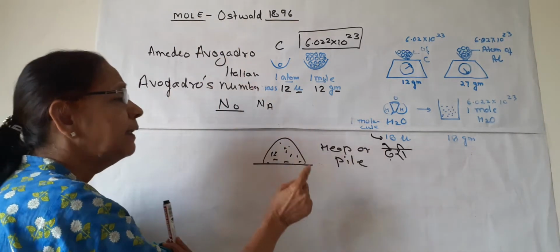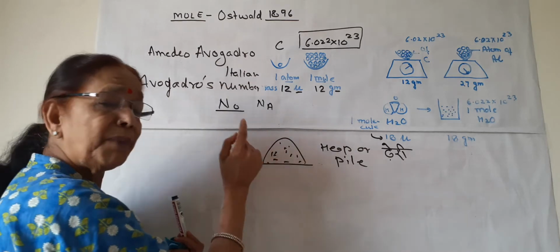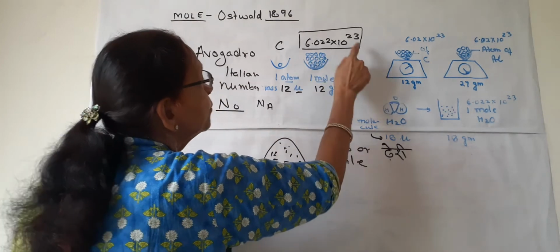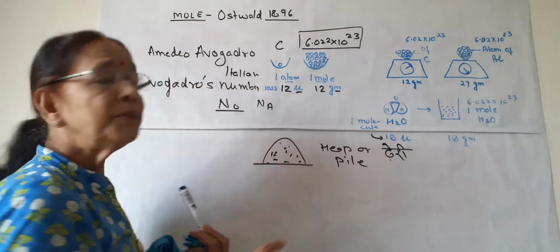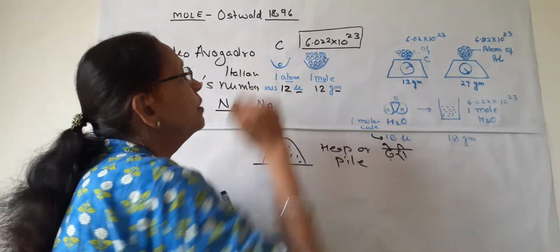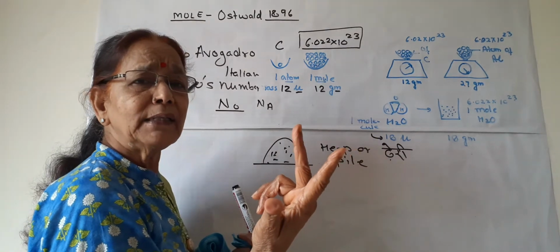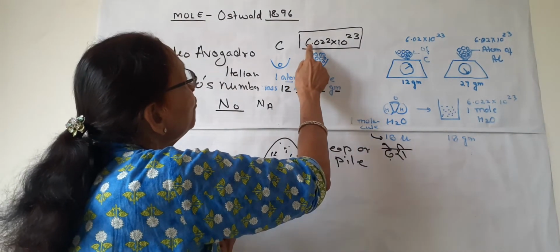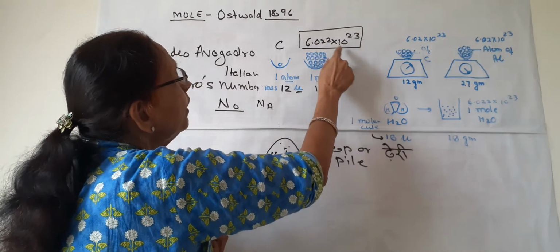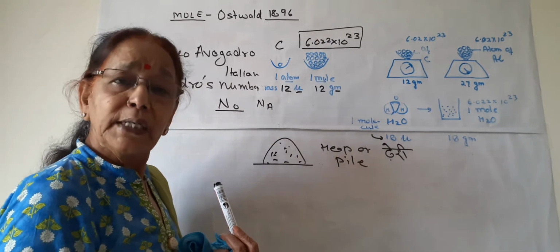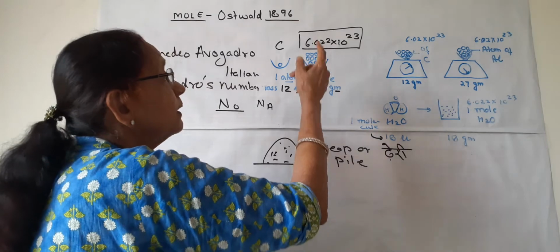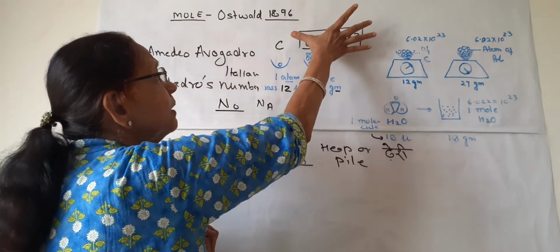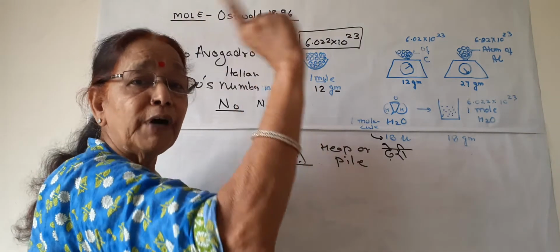So mole is heap, and the number of particles in the heap, if it is 1 mole, should be this. If 2 moles are there, then how many particles? Then the particles will be 12.044 into 10 raised to power 23. If there are 3 moles, then it is triplicate. So this is the number of particles in 1 mole.